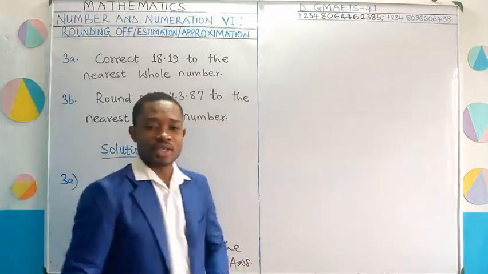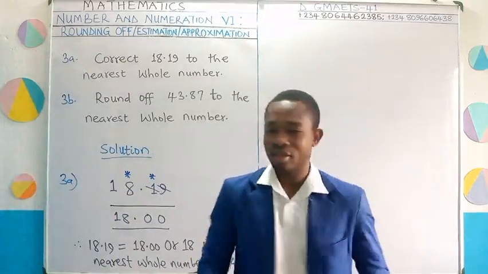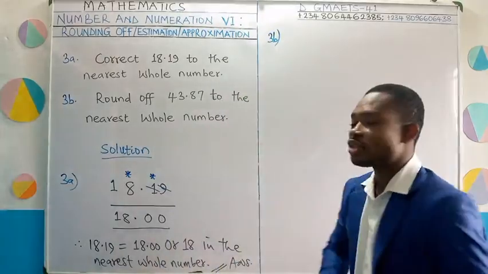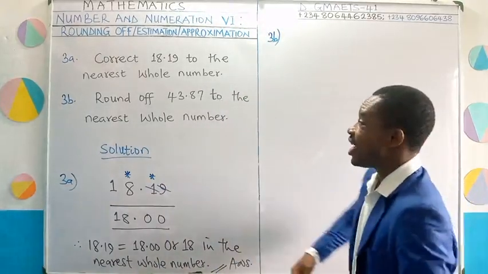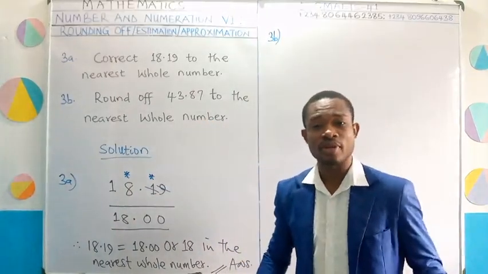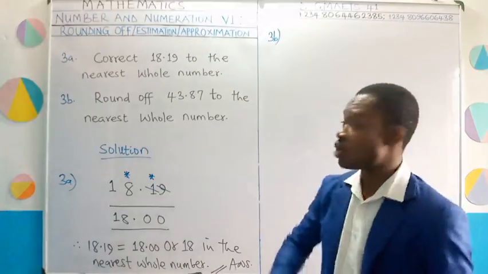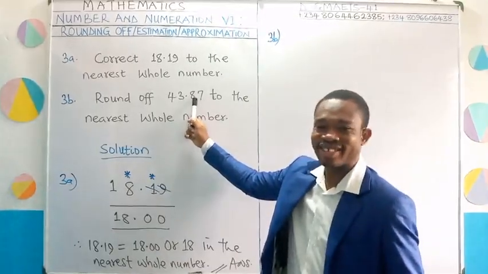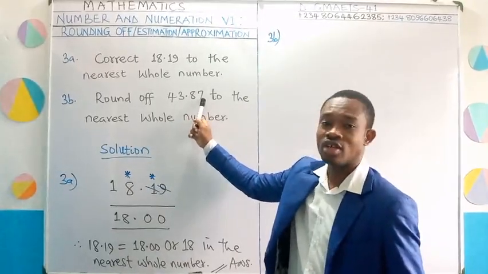This takes us to solution of 3b, and in 3b we are asked to round off to the nearest whole number. Once again, I don't need writing place values. It's not necessary. But if you still want to write, the choice is yours. This will be tens, this 3 will be units. Then this 8 is tenths, and 7 is hundredths.